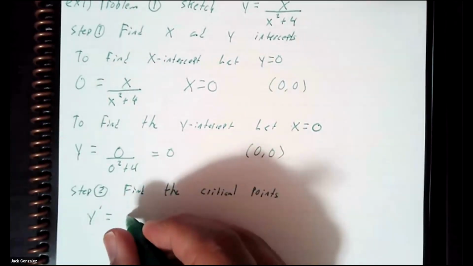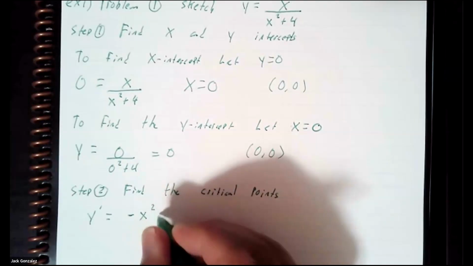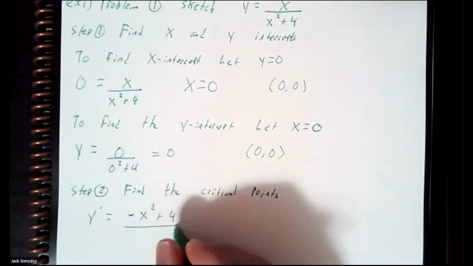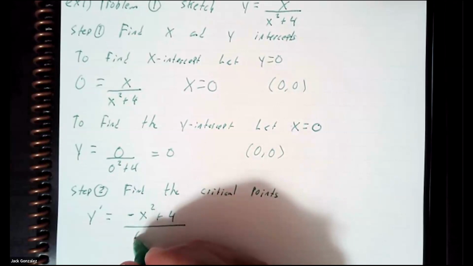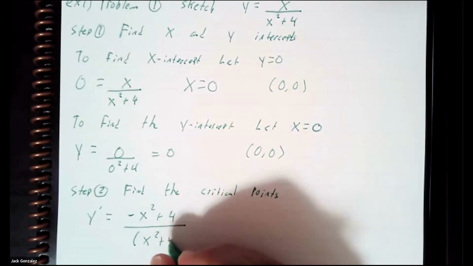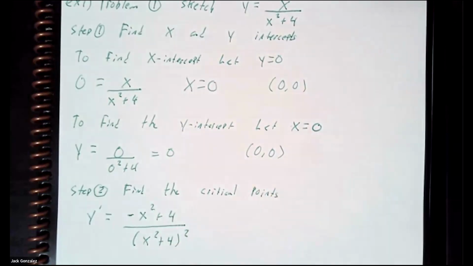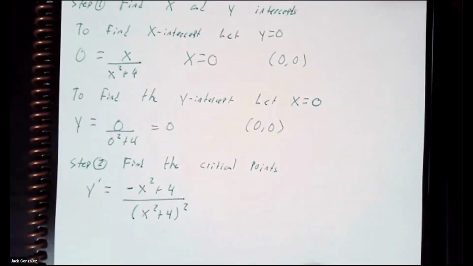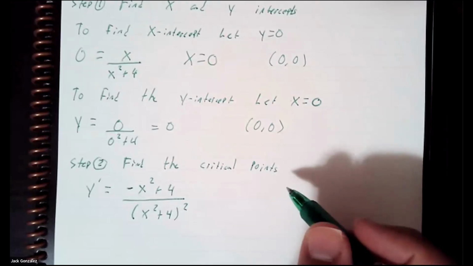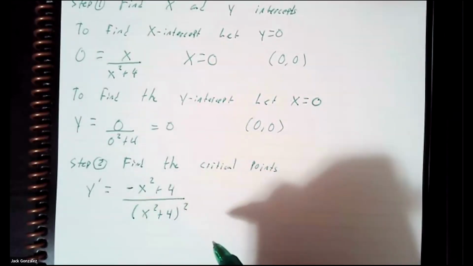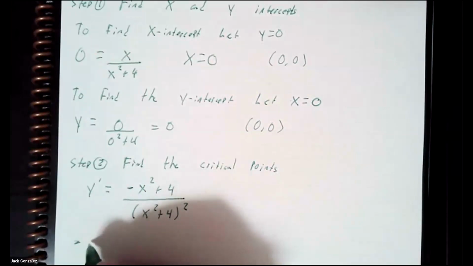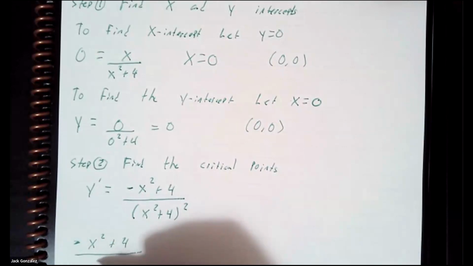Once you do it, you would end up with negative x squared plus 4, and once you do some algebra, you'll get to here. To find critical numbers, you find the derivative and set it to 0.